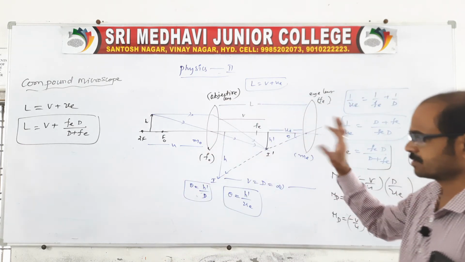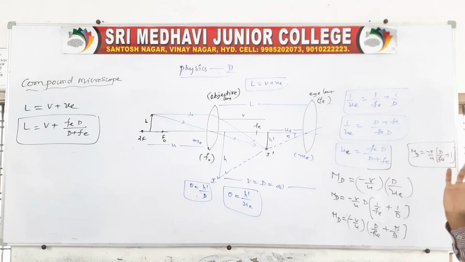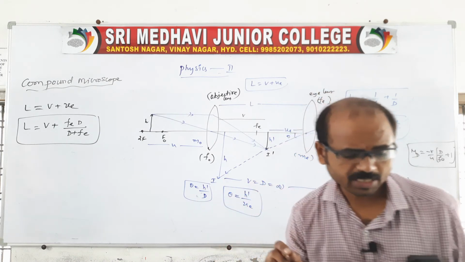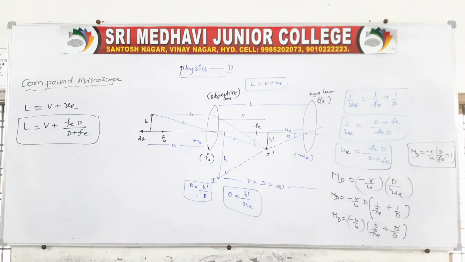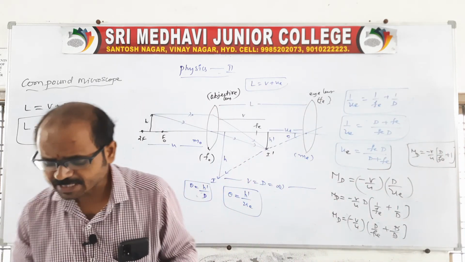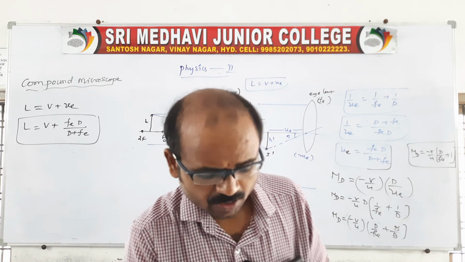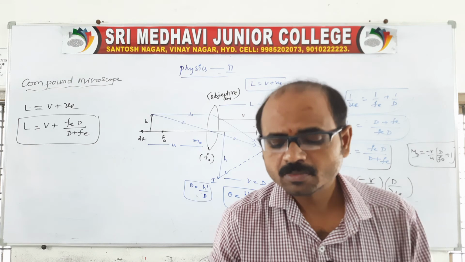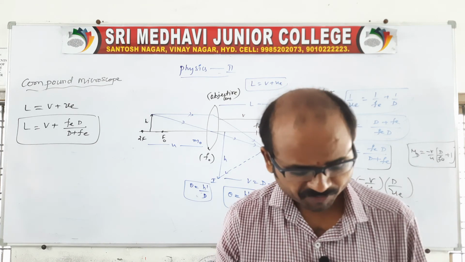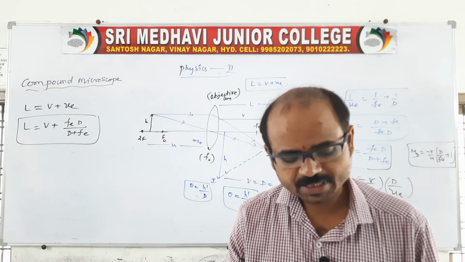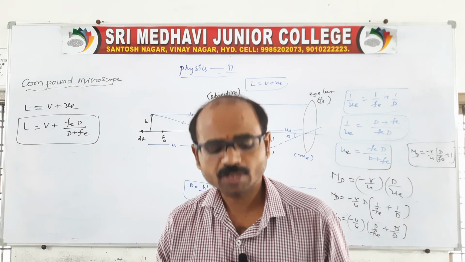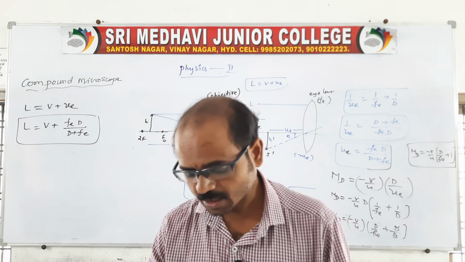So the comparison between simple and compound microscopes is also finished. On this basis we also have some problems given in our material. On page number 55, there are questions on both the simple microscope and the compound microscope. Question number 5 is related to the simple magnifying glass, that is, the simple microscope. Question number 6 is the compound microscope.